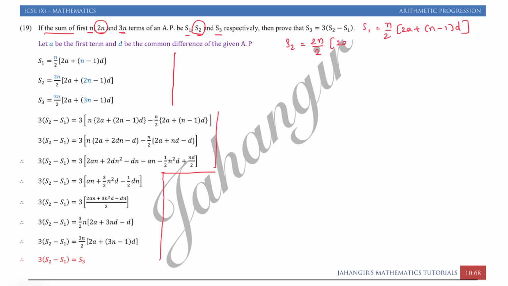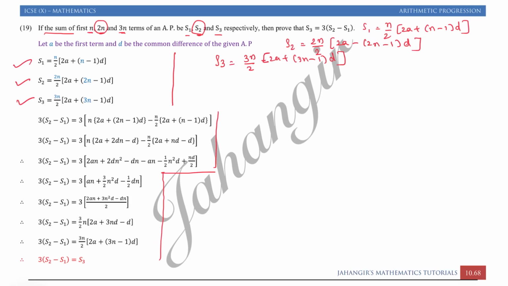You have to just replace n by 2n: 2a plus 2n minus 1 into d. When we have S3, we can say 3n by 2 in bracket 2a plus 3n minus 1 into d. It's written over here. You can have a look on the left side. It's written properly. I have written the different parts in different colors, with n in blue, so that you can distinguish.